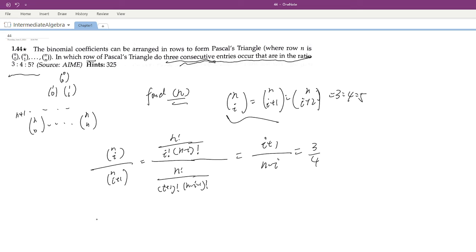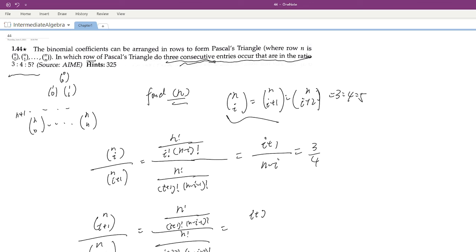And now we can also set up the second equation: n pick i plus 1 over n pick i plus 2, that is n factorial over i plus 1 factorial, n minus i minus 1 factorial, over n factorial over i plus 2 factorial, n minus i minus 2 factorial, which is equal to i plus 2 over n minus i minus 1, equal to 4 over 5.